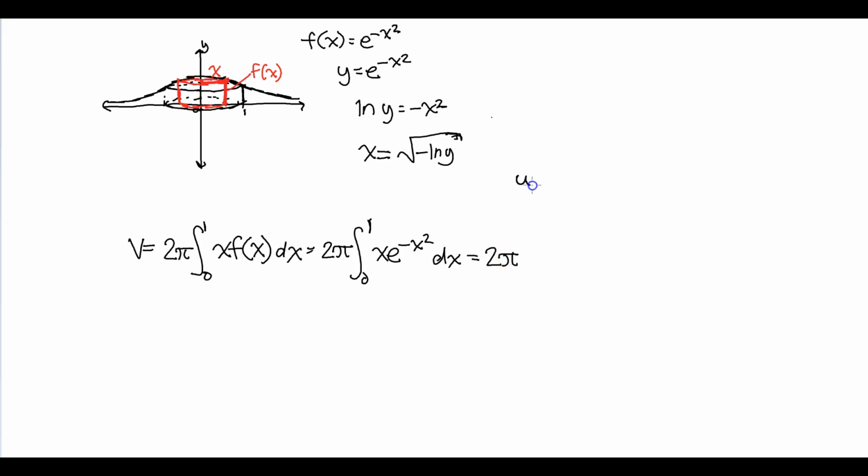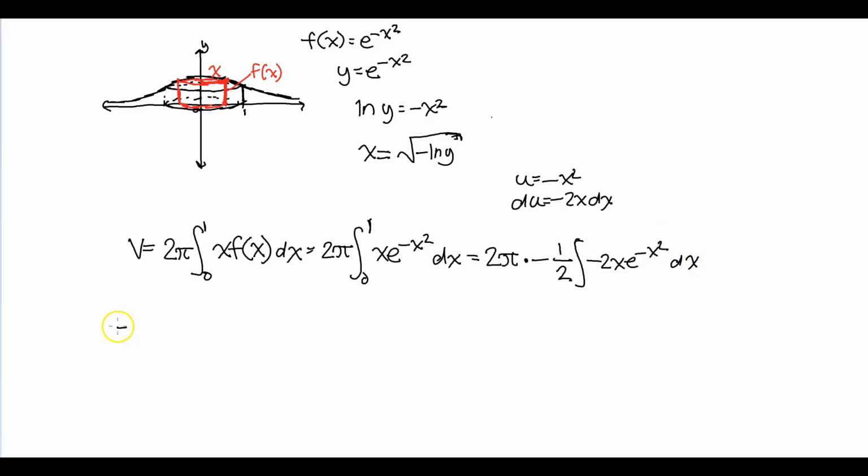So if u equals negative x squared, du equals negative 2x dx. So all we need to do is multiply by negative 1/2. So we can introduce a negative 2 into our integrand, inside the integral. Let's not put any limits yet. So you have negative 2x e to the negative x squared dx.